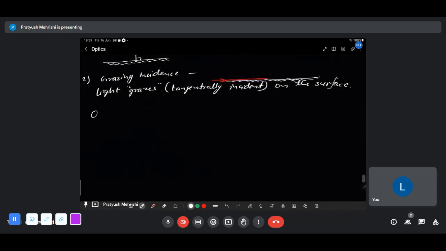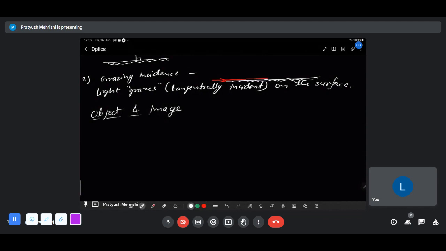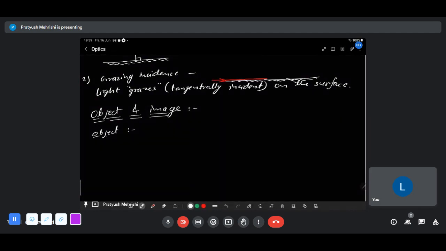Okay. Now next we come upon the definition of object and image. Yes. Now tell me, what is an object? What do you understand by an object? Yes, Hemant.